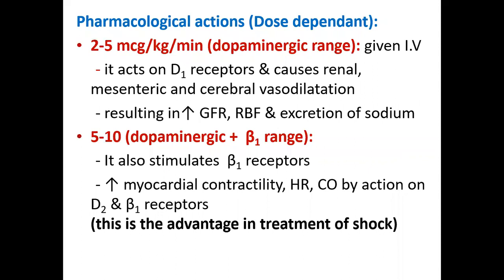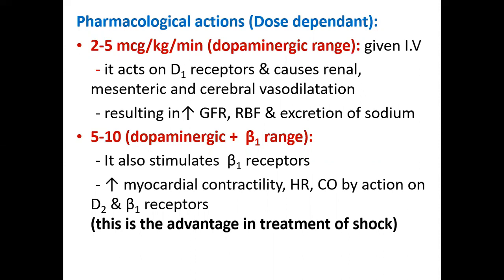Pharmacological actions are basically dose-dependent. At a dose of 2 to 5 micrograms per kg per minute given by IV, it acts on D1 receptors and causes renal, mesenteric as well as cerebral vasodilatation. This results in increased GFR and excretion of sodium.